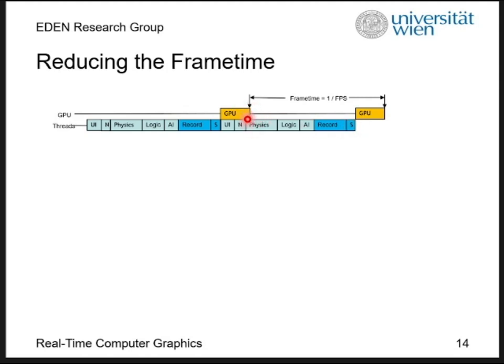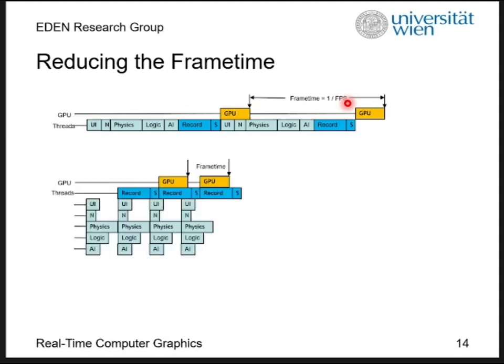And once the GPU is finished, it will present the frame. So then we see the output of this computation. There might be some minor overlap here, depending on the work you submit to the GPU, of course. And once you have a second frame, you know the frame time. This is the time between finishing 2 frames, and this is 1 over the frame rate.